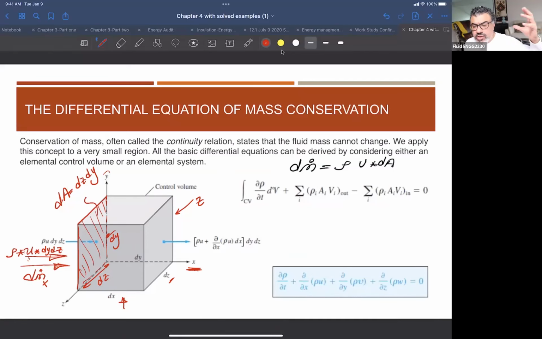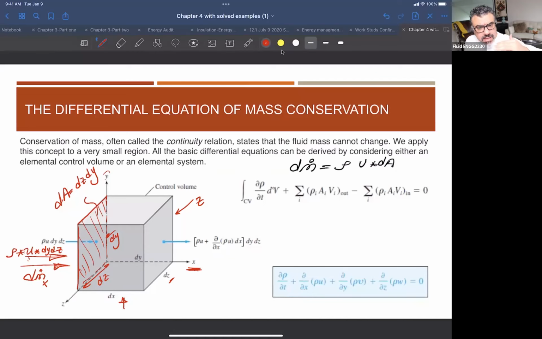So when we have mass coming in and mass going out, we can put it in the form of mass in, and the mass out differs from the mass in by some value. That's why we see rho u dy dz plus some change. Some change of the whole thing, some change of d by dx.